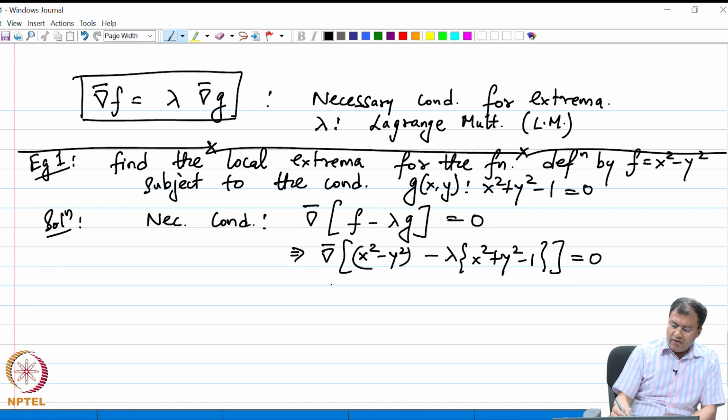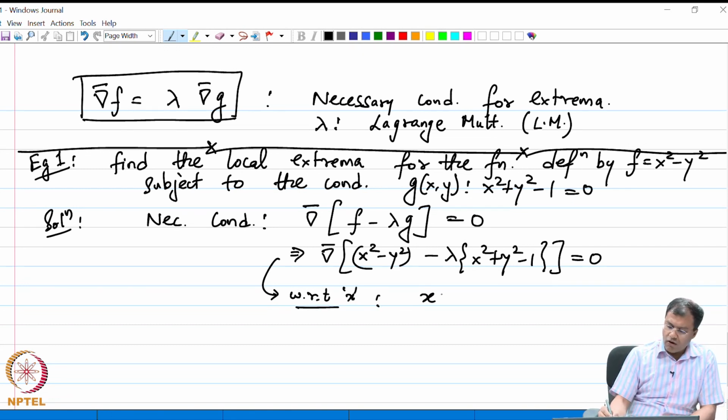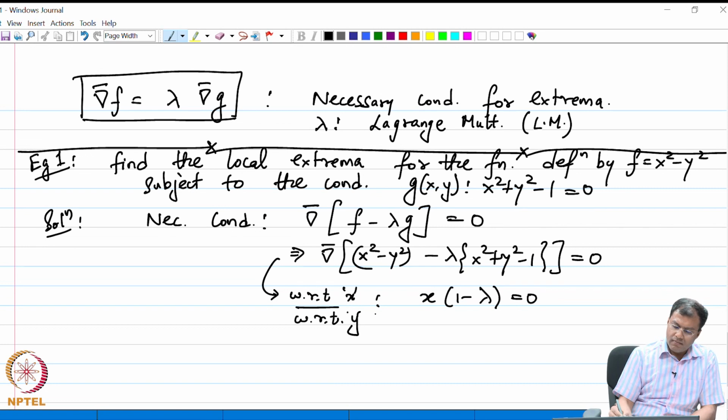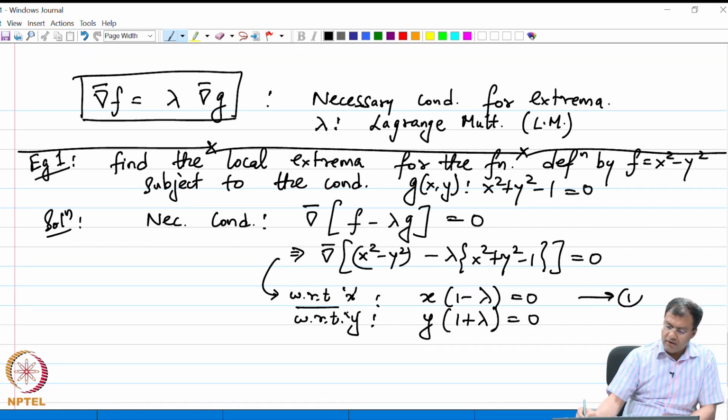Okay, so when we take the derivative with respect to x, I get the equation x times (1 minus lambda) equal to 0. With respect to y, I get the equation y times (1 plus lambda) is equal to 0, right. Let me call this 1 and this 2.